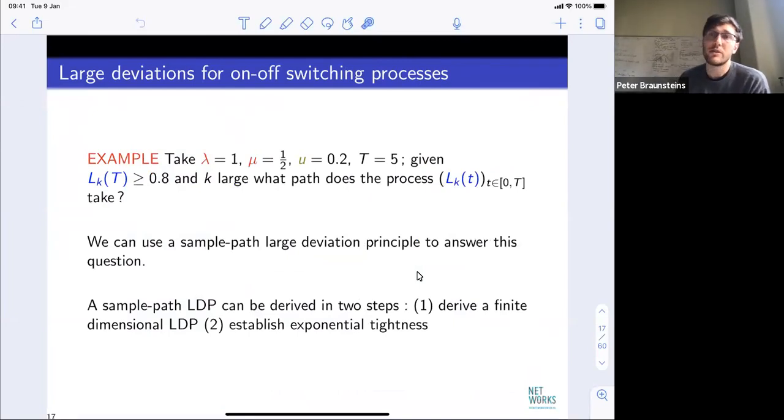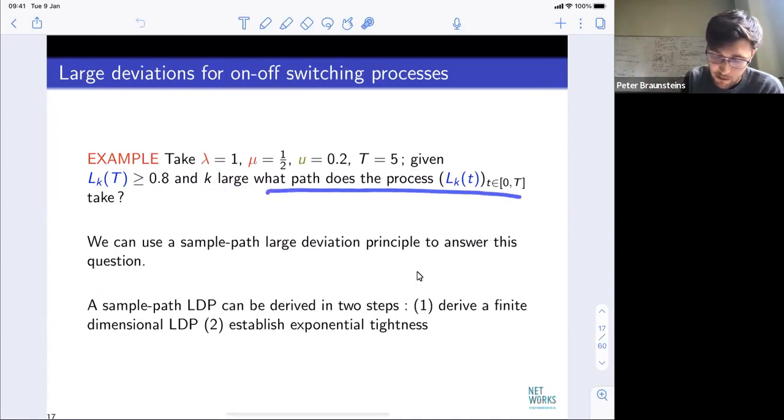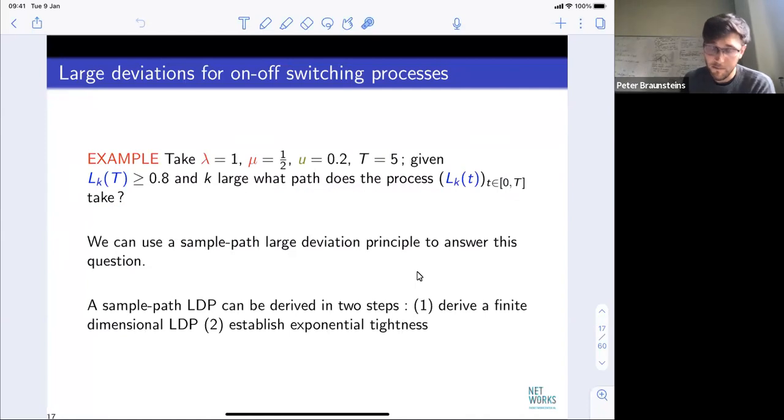So that was just two slices in time, time 0 and time capital T, but we can also ask questions about the process itself. Now we're going to get into sample path large deviations. Given that the edge density is unusually large at time t, and k is large, we can ask what path this edge density process takes.